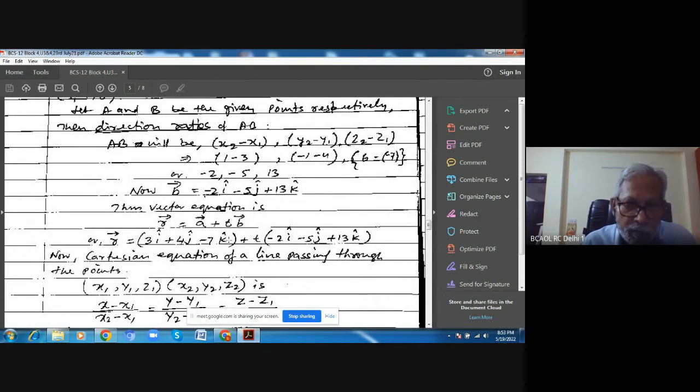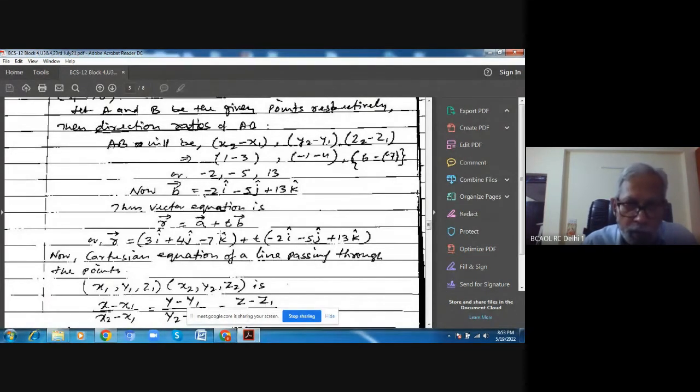This is the main part, and this is basically the angle portion, the cosine part. I told you at the time of vector, the second portion is the angle portion. This is the main, and this is the ratio portion.